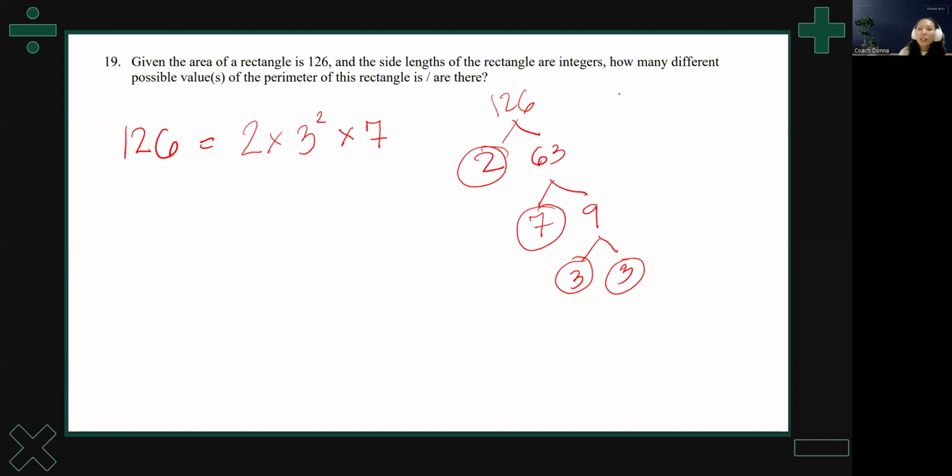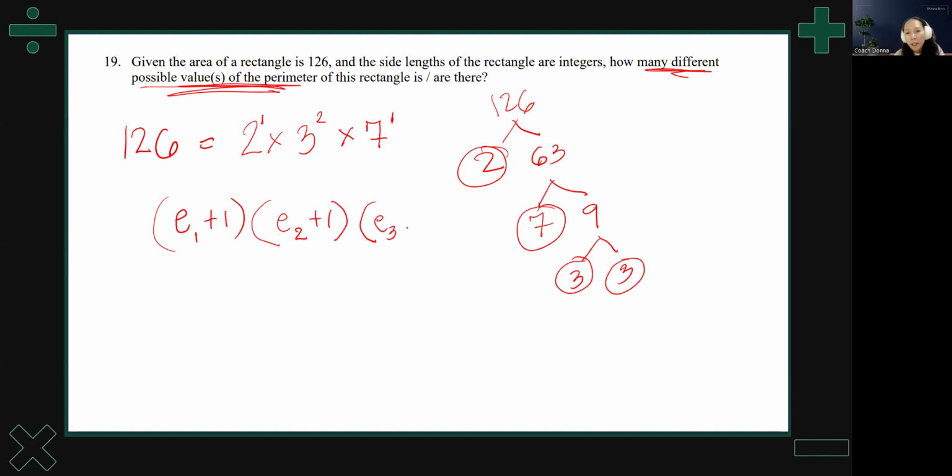To get different possible values of the perimeter, we just need the exponents. All right? So the general formula is exponent 1 plus 1, multiplied by exponent 2 plus 1, exponent 3 plus 1, and so on and so forth, depending on how many exponents you have.